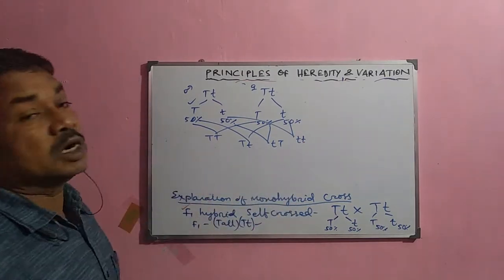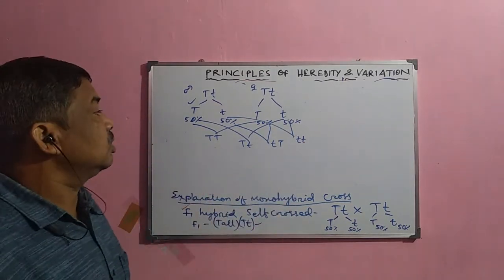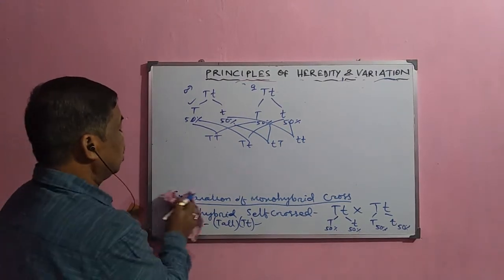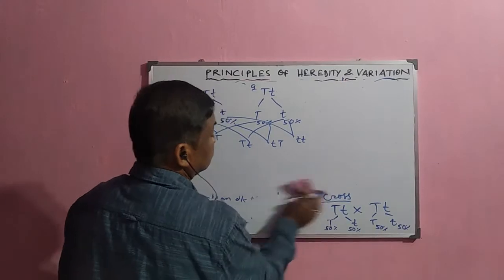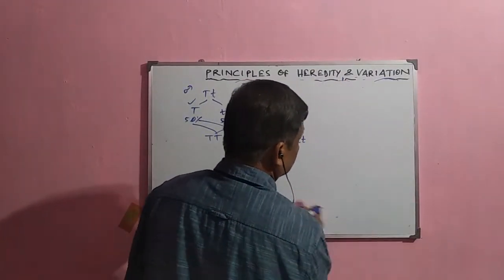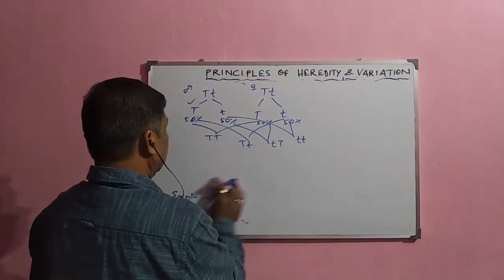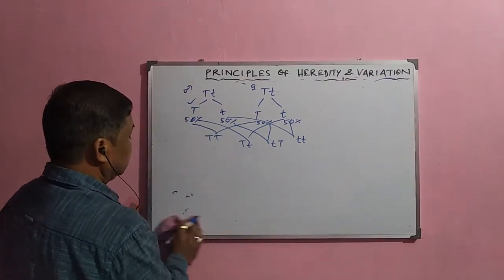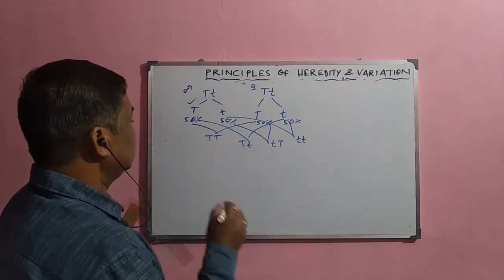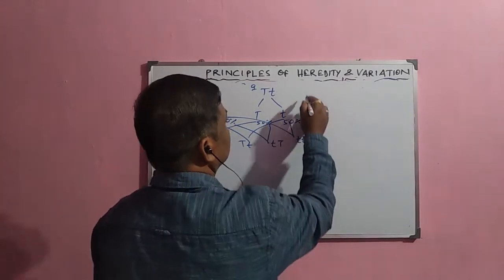Now, this explanation was given there in the monohybrid cross, but how is it explained according to his probability theory? He used his mathematical knowledge to explain this, and how different types of alleles combine together to form the new combination. Now here two types of alleles are there.